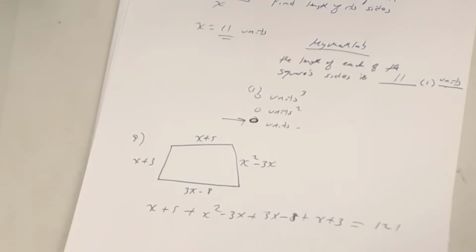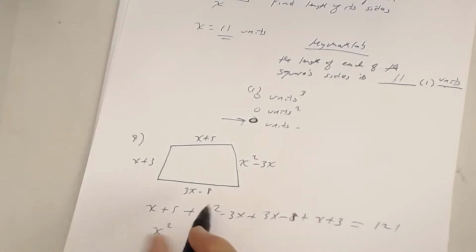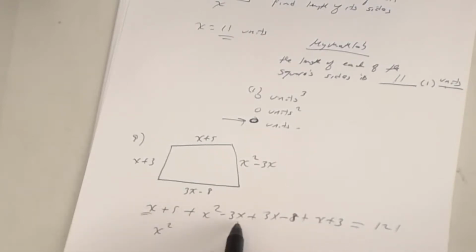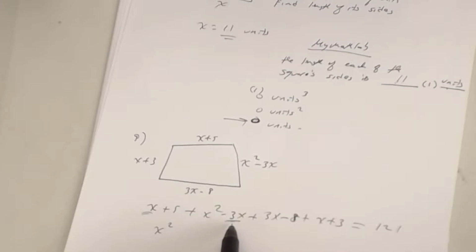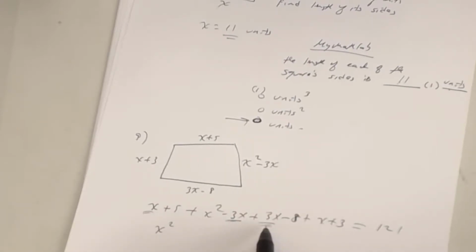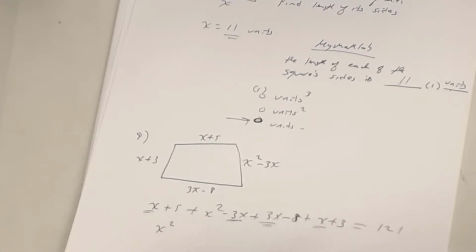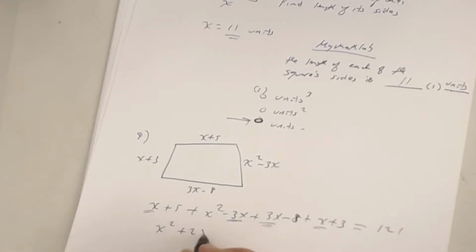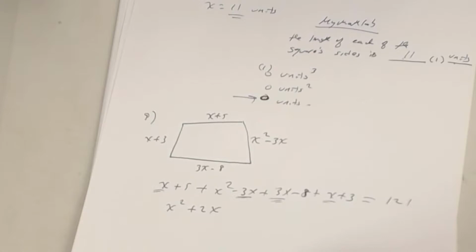You have that x squared. So you have to put it in standard form. But first of all, let's combine like terms on the left. When I combine like terms on the left, what do I get? There's only one x squared, right? Okay, let's combine the x's. x minus 3x is negative 2x. Negative 2x plus 3x, plus x, is 2x. So far I have x squared plus 2x.